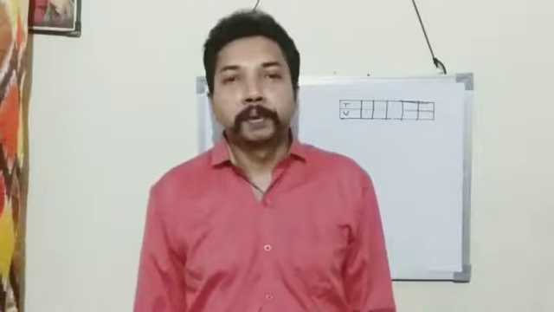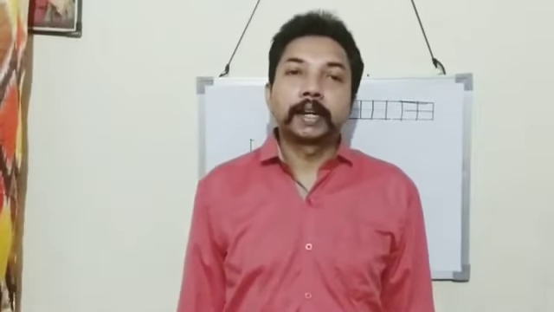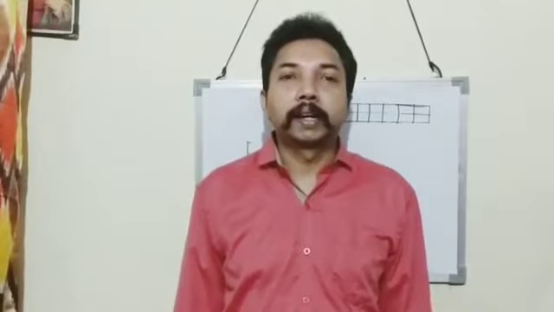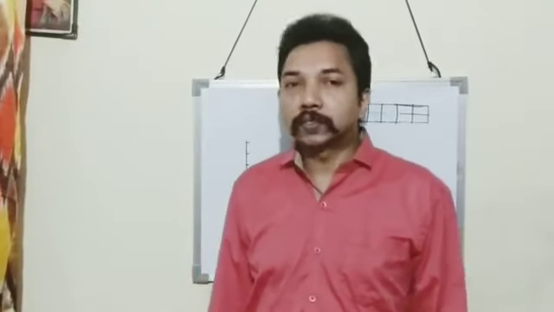Yesterday we were discussing velocity time graph. Today also we will continue it. So in velocity time graph, velocity is taken along the y-axis and time is taken along the x-axis.